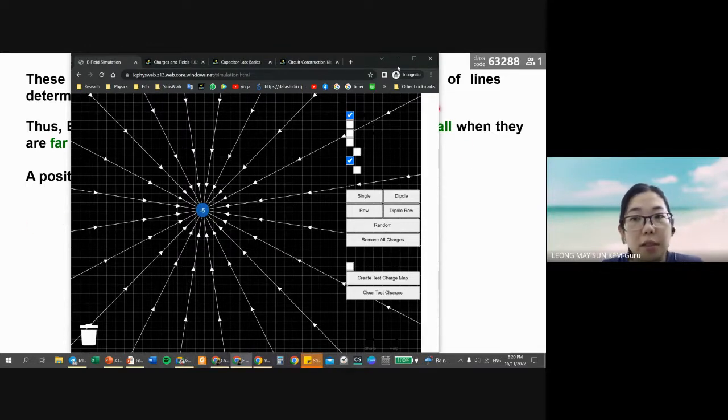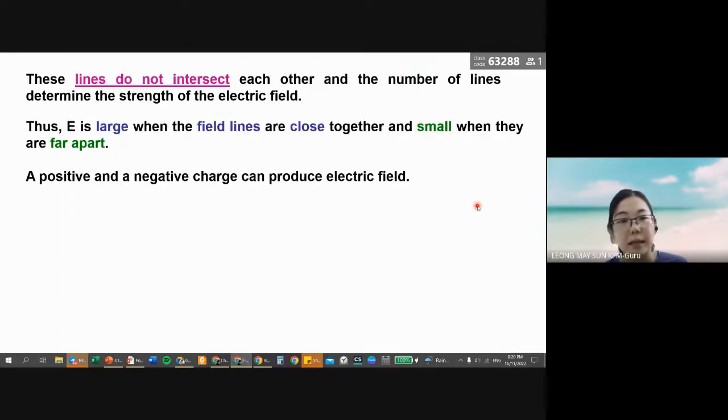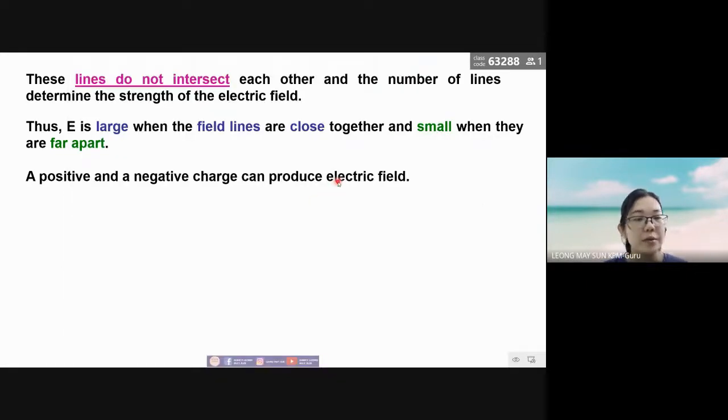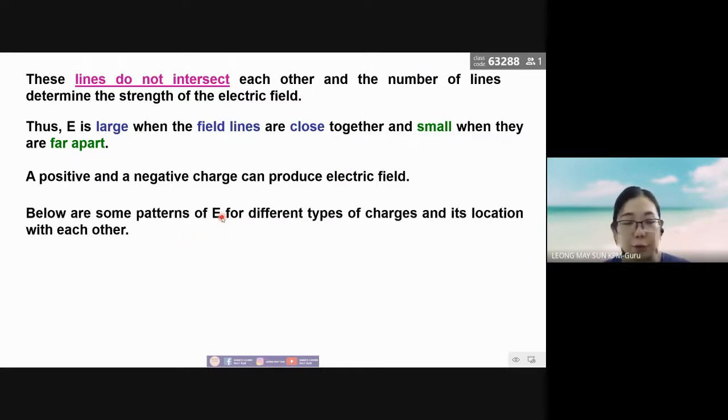Why do I mention this? Because if you recall regarding magnetic field lines, they move from north towards south. When you break a magnet, it will still appear with north and south poles on the broken magnet. But electric field can stand alone. They can produce electric field by itself. It doesn't need a partner to produce the electric field.